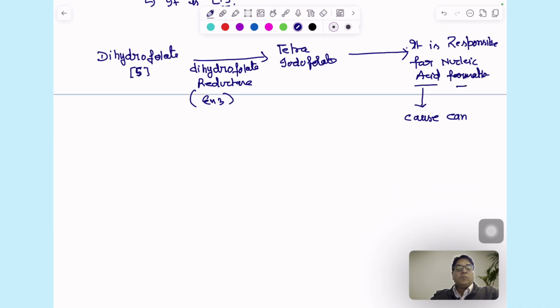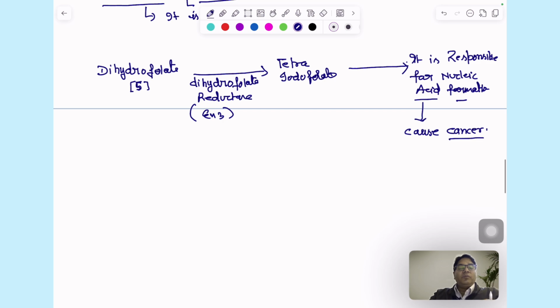If you have studied cancer, then it is uncontrolled protein synthesis. And who is responsible for protein synthesis? The DNA. If you have excessive or uncontrolled DNA formation, that may lead to uncontrolled protein formation, and that leads to cancer. So this reaction is responsible for cancer somehow.